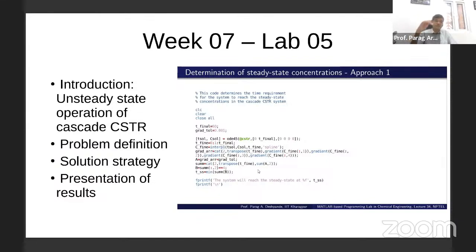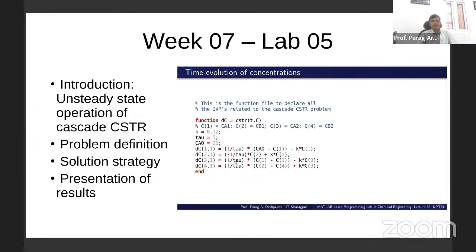So that is what was the first approach, where you solve all 4 equations you did previously, not up to a given instant of time, but you keep evolving the time. You stop when all 4 become constants. So this is exactly the method which we follow. So then you have to do the time evolution of concentrations.